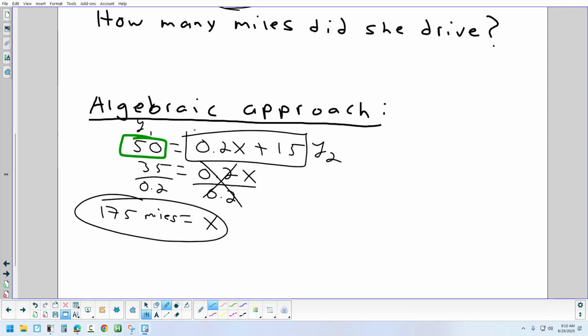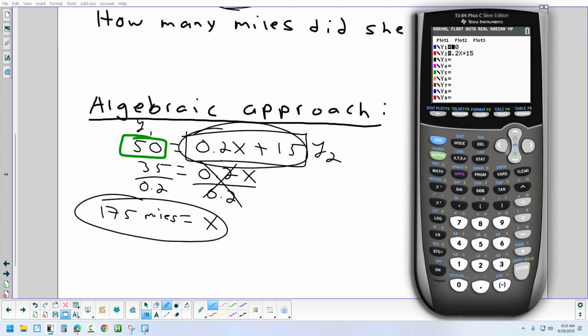What is this? 0.2x plus 15. That's something from Algebra 1. Like what's the shape of that? Yeah, linear. Can you tell me more about the 0.2 and the 15? What does that mean? Yeah, 15 is where it starts on the y, and it goes up 0.2 for every x.